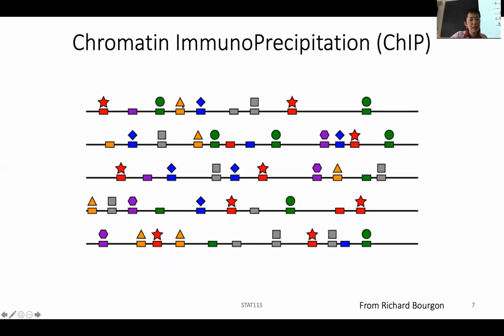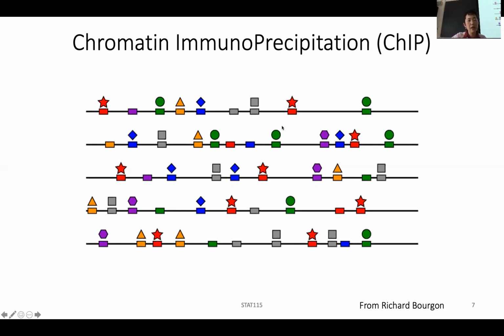And each of the other shapes is a different transcription factor. The red star is one transcription factor. The green circle is a different transcription factor. They are called trans factors or transcription factors, right? Trans factor just means usually these are proteins and they bind to the cis element in a sequence specific way.